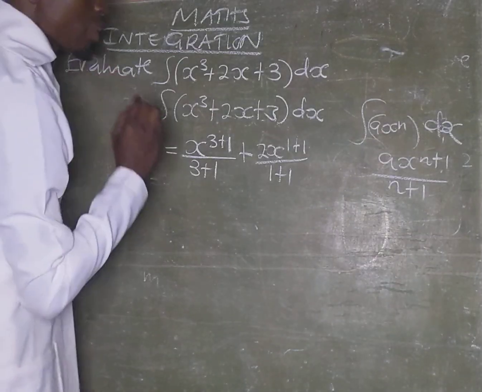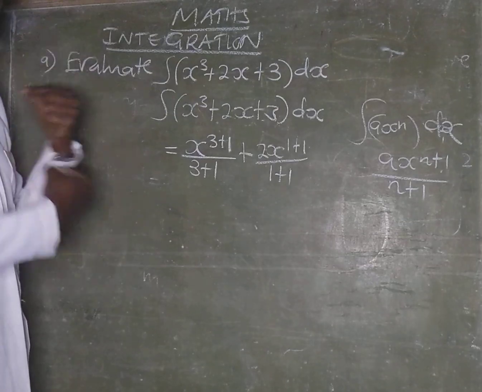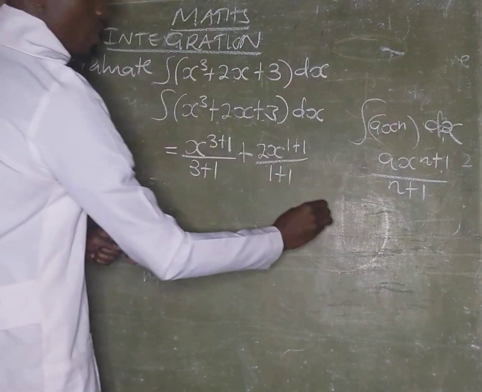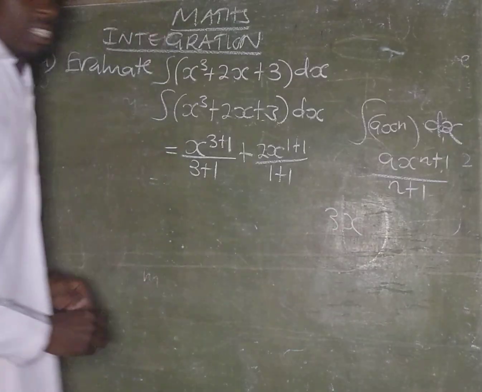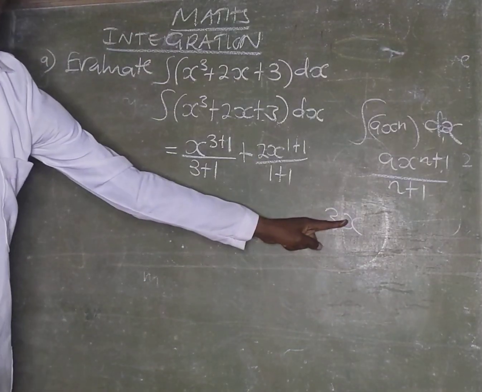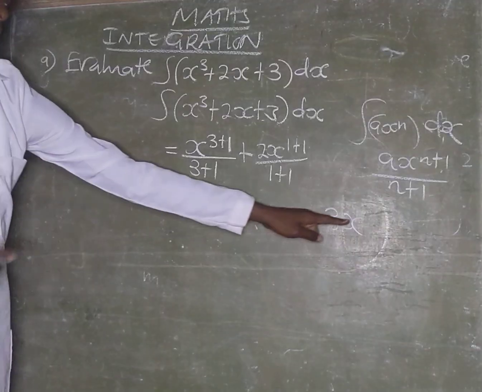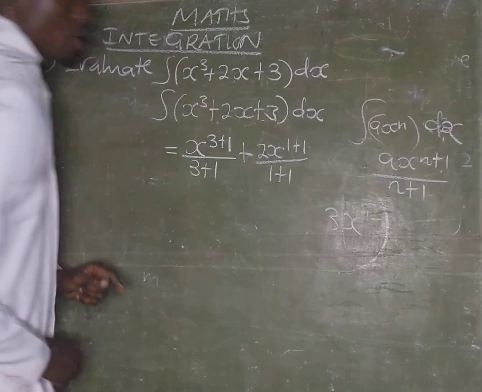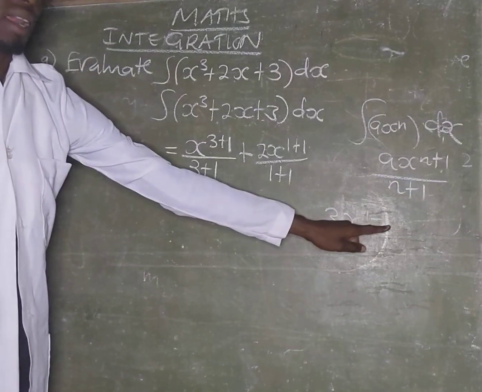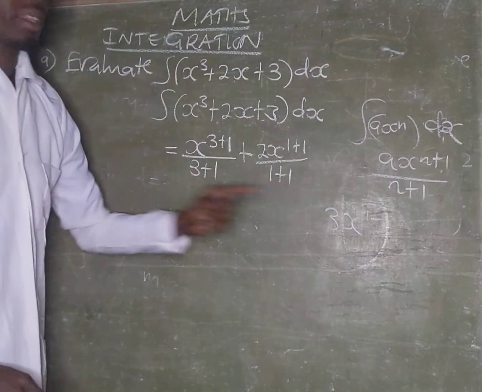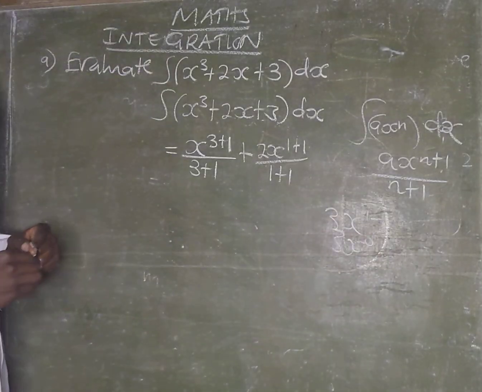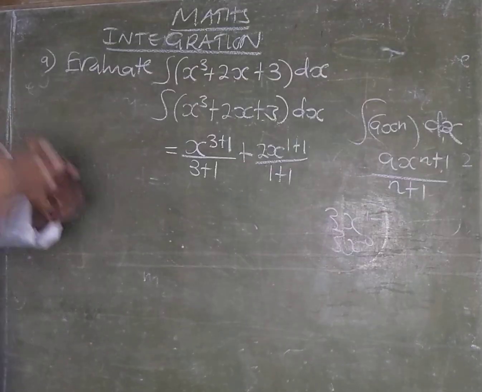Meaning before it was differentiated, it was 3x. You agree with me that if we differentiate 3x, it will be 3x raised to the power 1 minus 1, that is 3x to the power 0, and anything to the power 0 is 1.